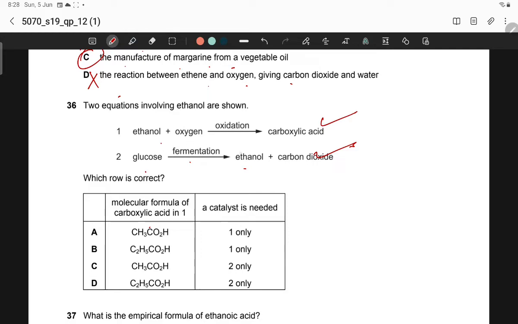Ethanol plus oxygen to carboxylic acid; glucose fermentation to ethanol. Which row is correct? CH3CO2H. Molecular formula of carboxylic acid, ethanoic acid, a catalyst is needed.